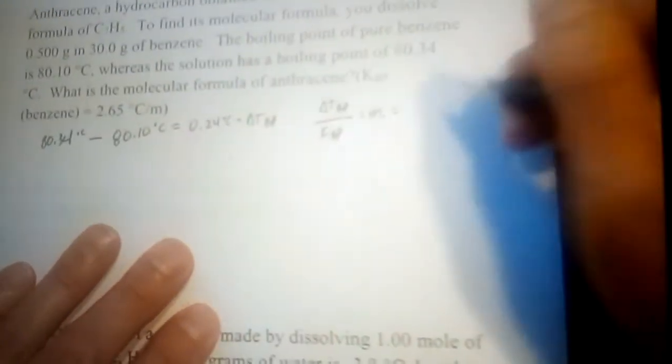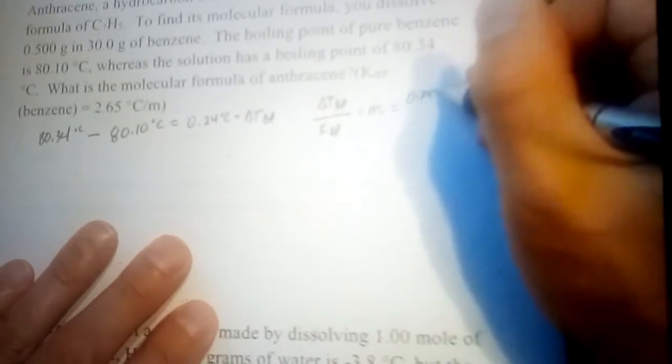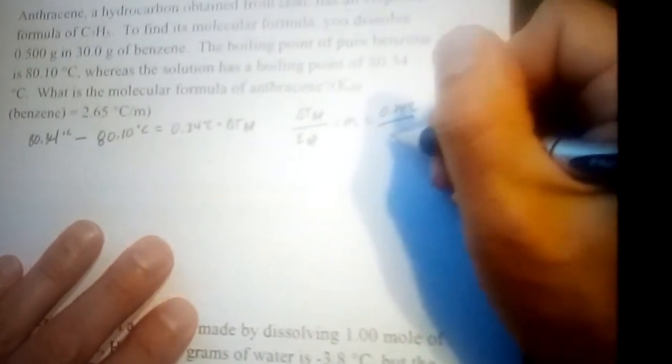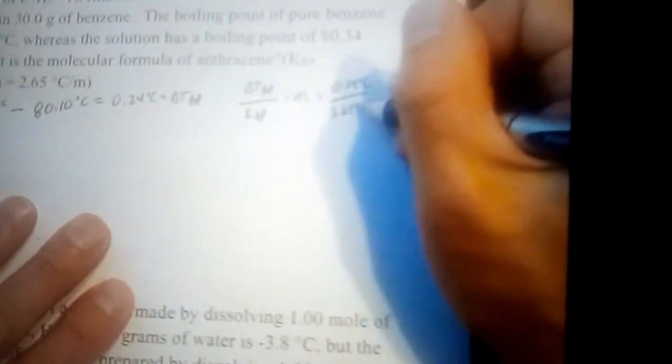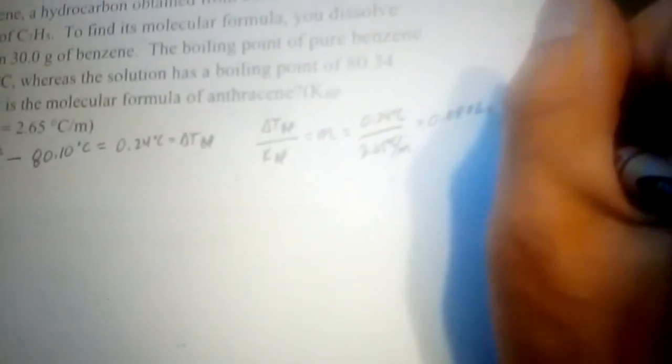In this case, we can take our change in temperature, divide by our constant, and that will give us the molality of this solution. So 0.24 divided by 2.65 is 0.0906 molals for this particular solution.